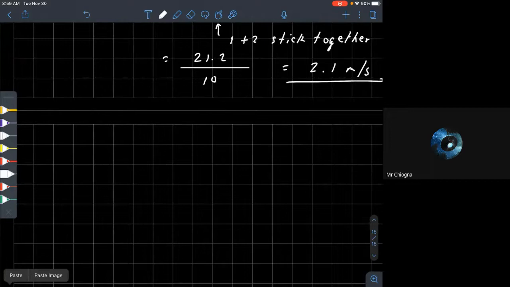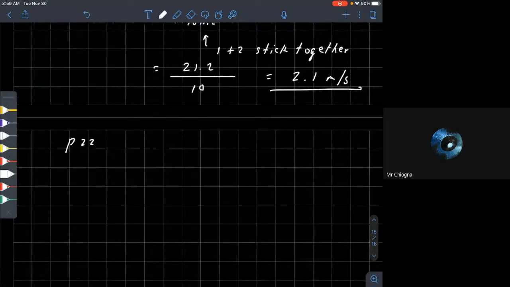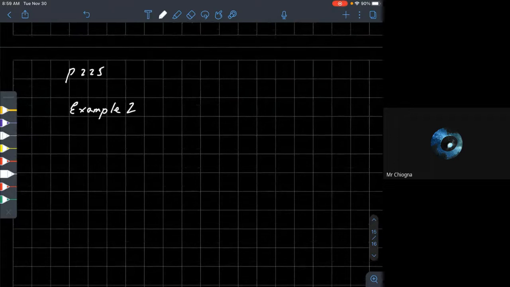Yep, it's page 225. Let's read that. See if you can draw it. I would draw it in pencil because we're going to probably make some corrections, but see if you can draw the collision, what's happening before, what's happening after.